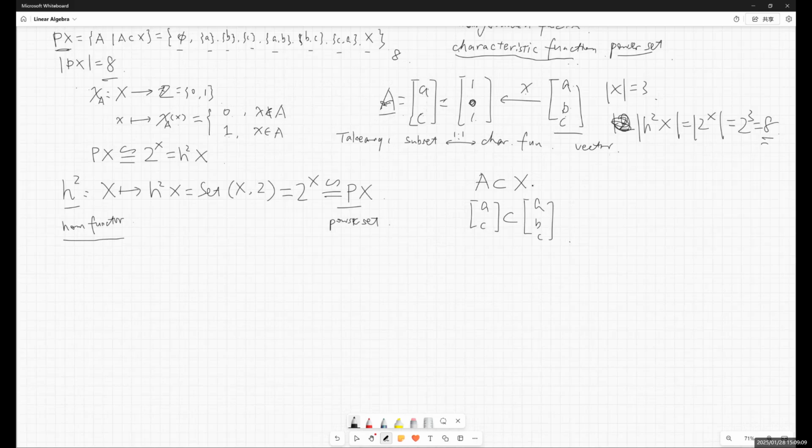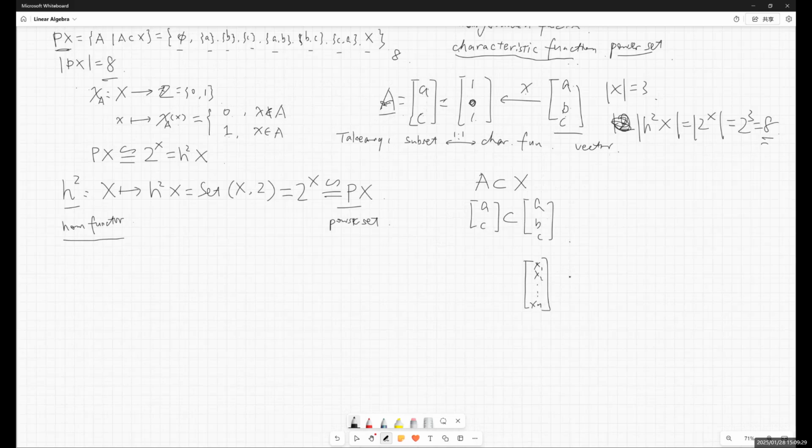So if we limit our research to X itself, we can always have x1, x2, ..., xn.